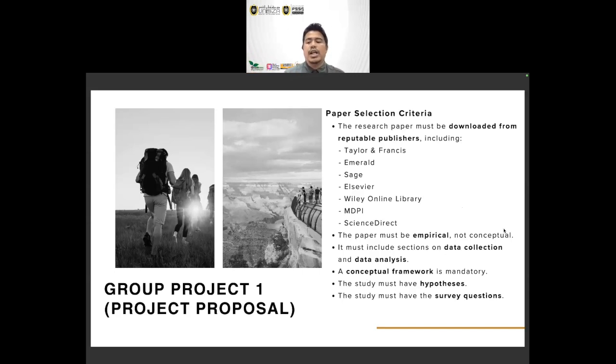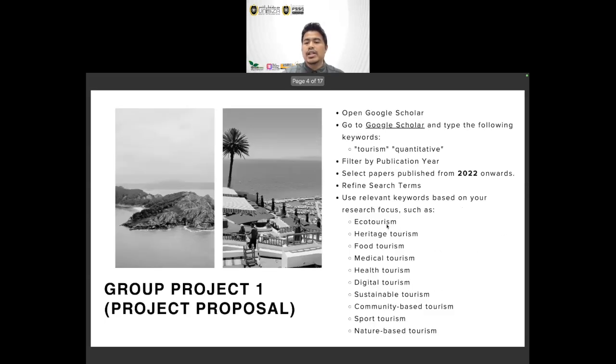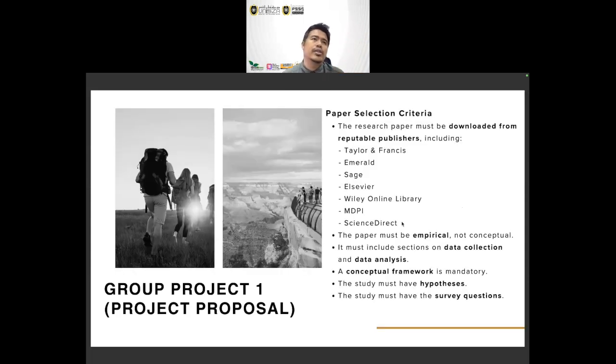And please, let's say you go for ecotourism, you like ecotourism, so you type the term ecotourism into your search engine of Google Scholar, and then voila, Google Scholar comes up with loads of papers on ecotourism. Try to download 4 or 5 different papers on the same topic so that you have different options.